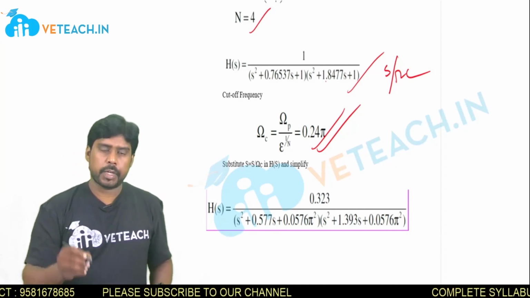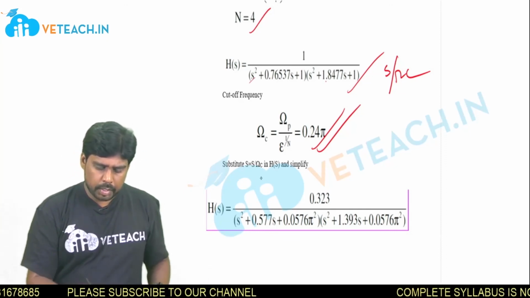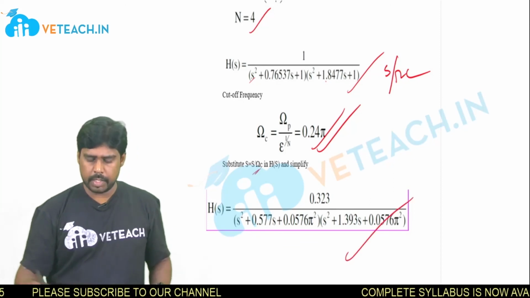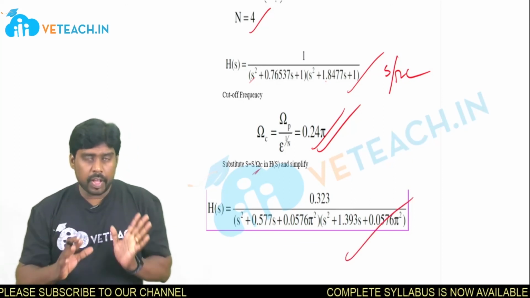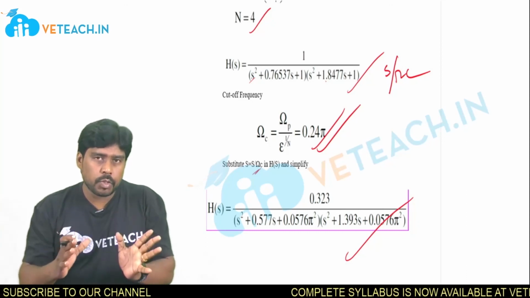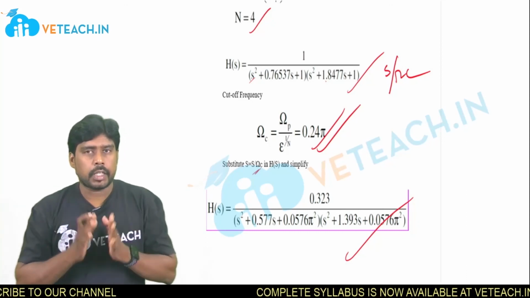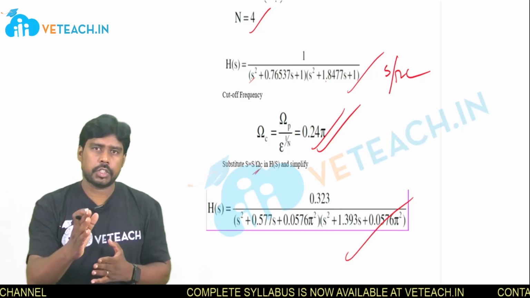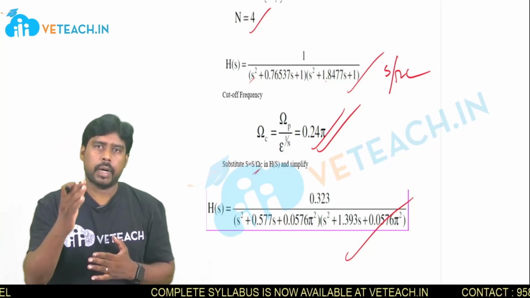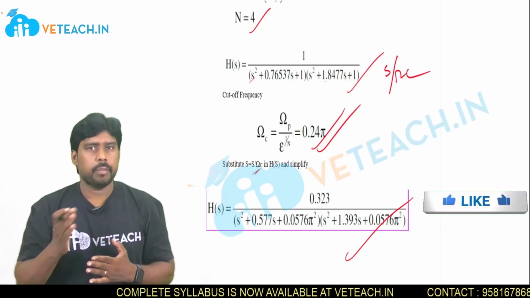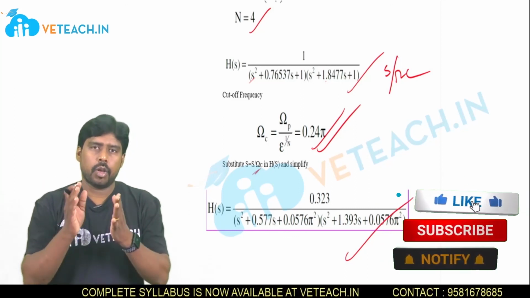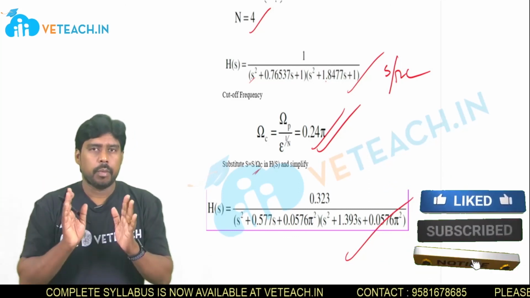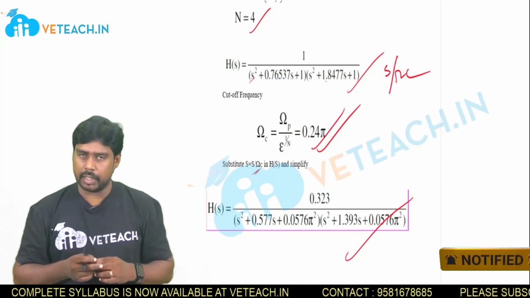So in this expression, replace s with s by omega c. You will get this expression. This is the way how to find the transfer function in Butterworth approximation method. So in this session, you learned about Butterworth approximation method, how to design analog filter transfer function using Butterworth approximation method. Thank you.